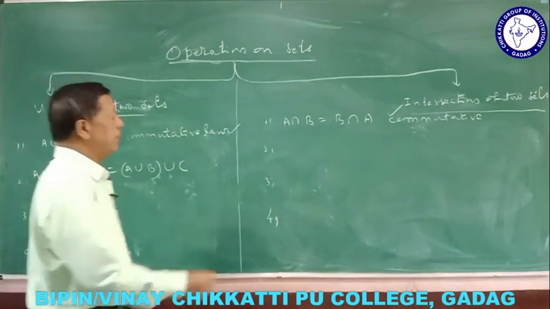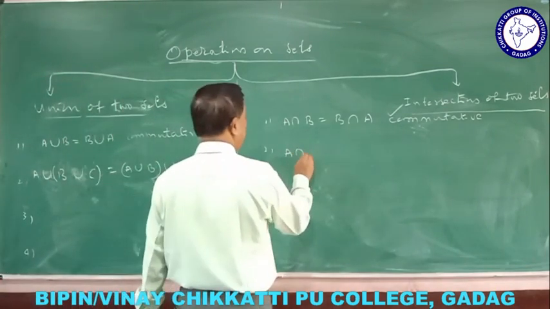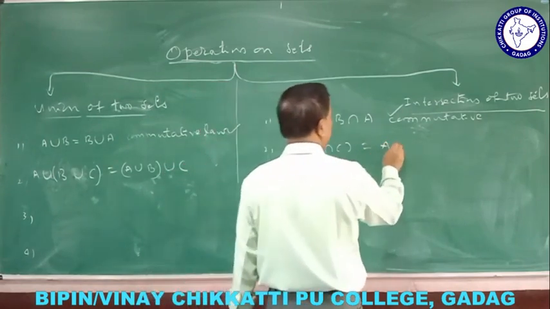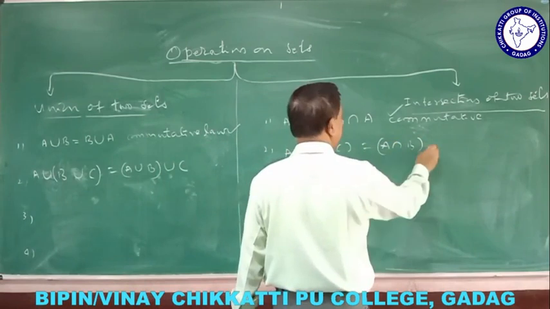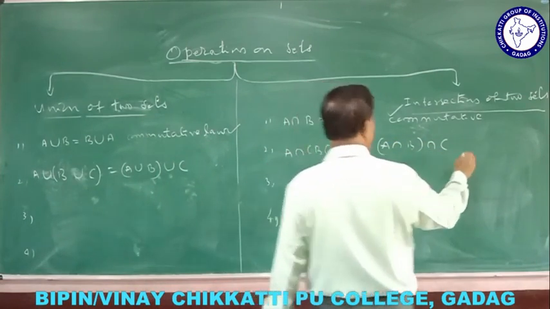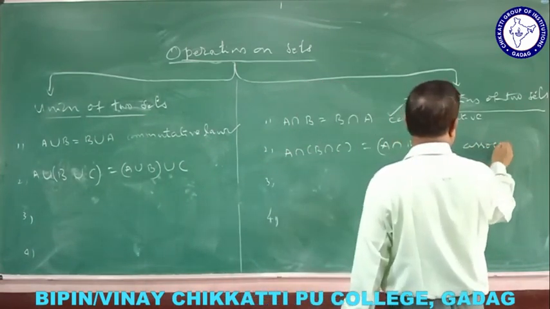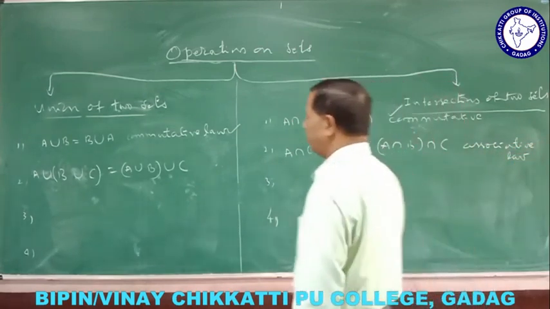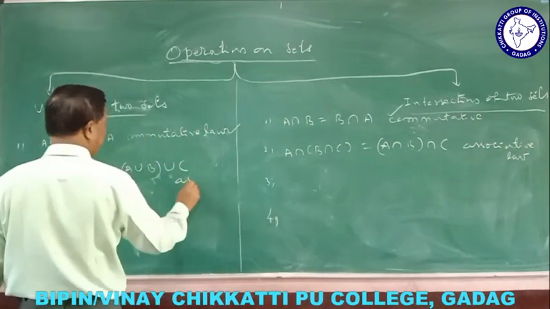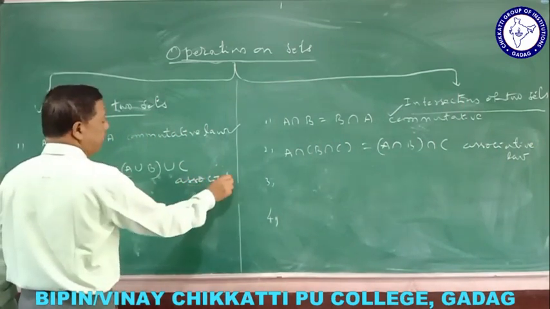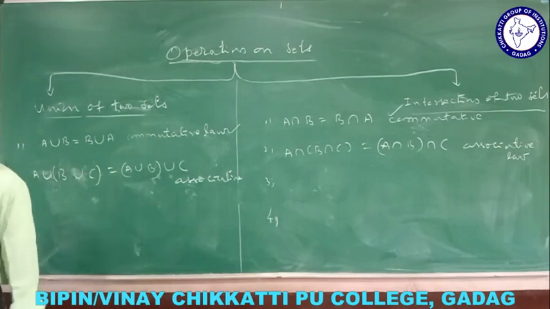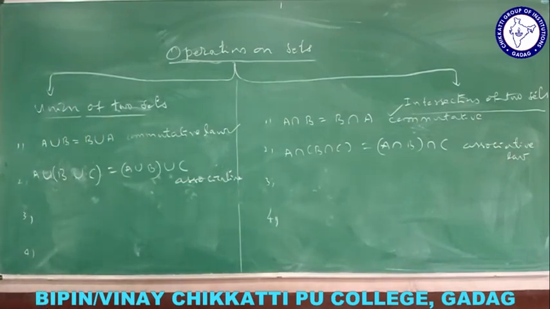And here also the same thing: A intersection (B intersection C) is equal to (A intersection B) intersection C. This is also the associative law. So we have the associative law for union and also for intersection.